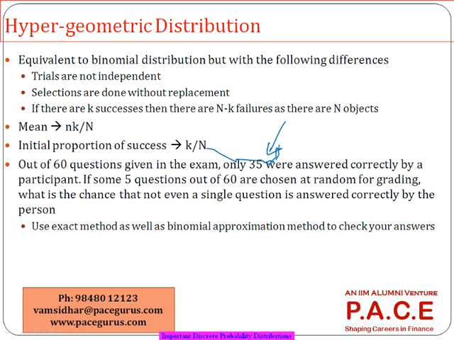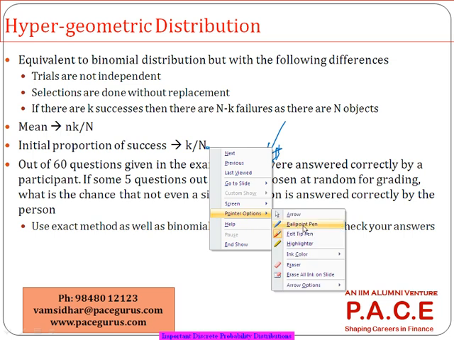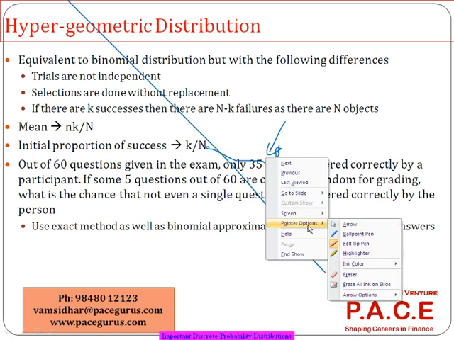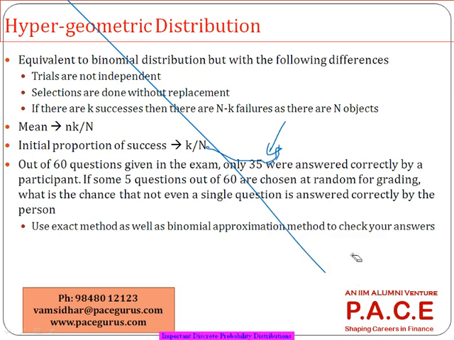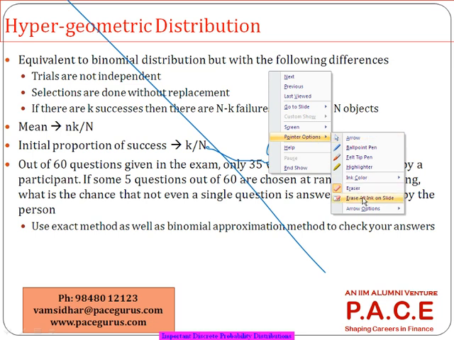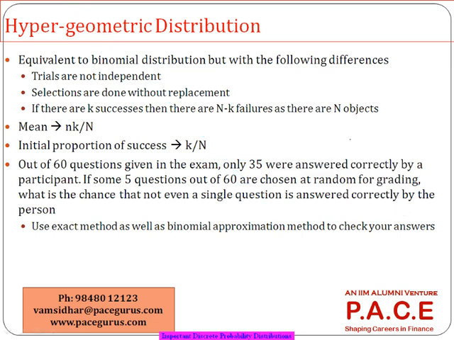So there are 2 ways we can do it. One, we can use what is called a binomial approximation, because this looks more like a binomial distribution. People talk about using a binomial approximation method for that. What people say here is, you take the probability of success from the available information, 35 by 60.